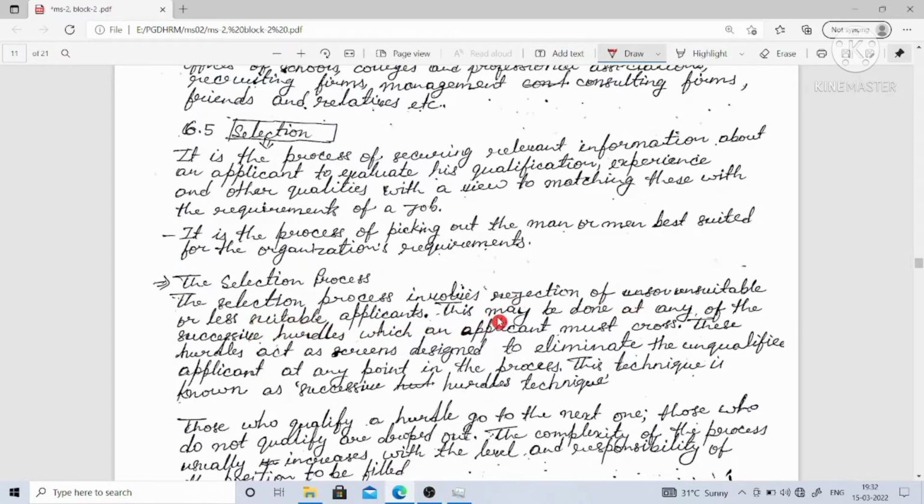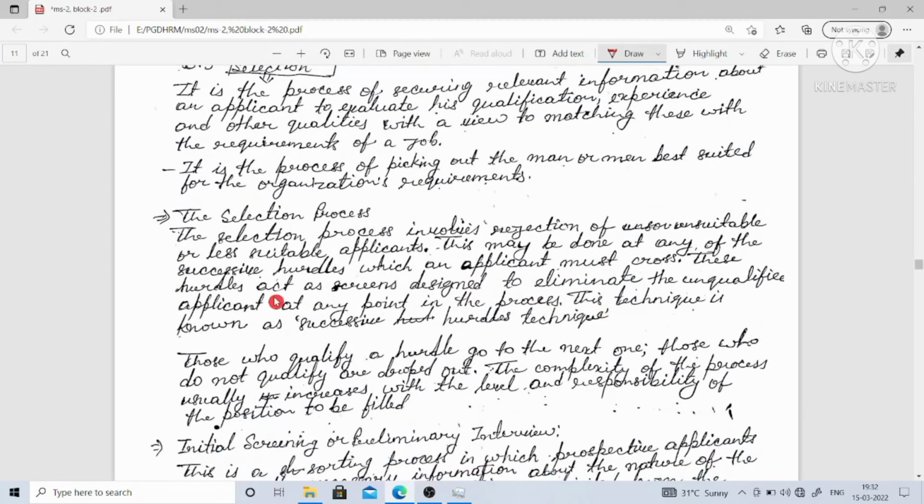So many hurdles are there. If the applicant crosses the hurdle, then in that case if suitable, he will be able to cross the hurdles, and if the applicant is not able to cross the hurdles, it means he or she is not suitable for the job.